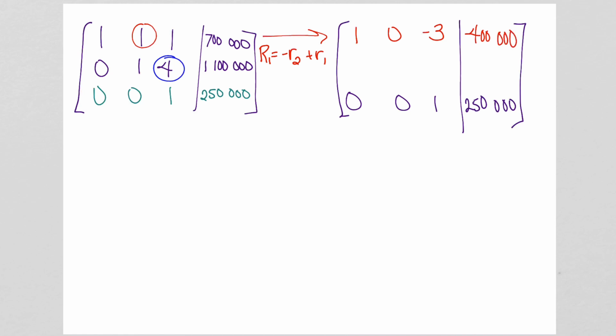And then we need to get the 4 to be a 0. This stuff will stay 0 and 1, luckily. So in row 2, we need to do -4 times row 3 plus row 2. And that gets us 0, 1, 0, and 100,000. Last step, get a 0 there.